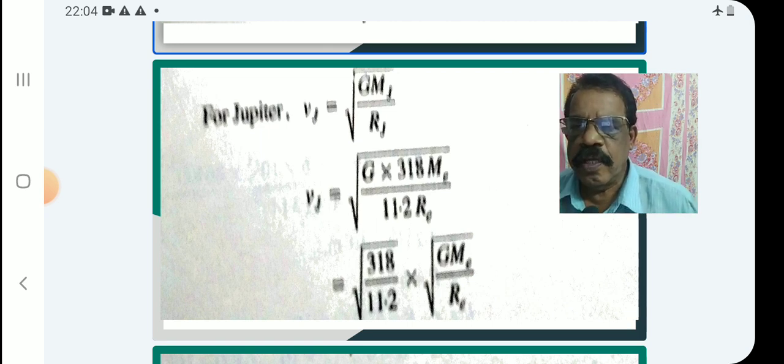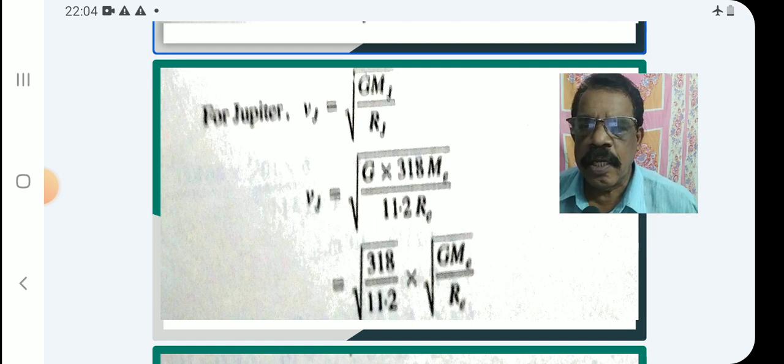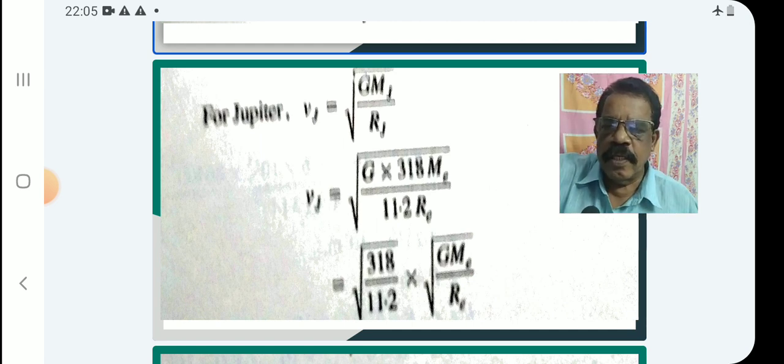That is, Vj is root of 2G into 318 ME by 11.2 RE inside the root. And 318 by 11.2 we write in a separate root, and in another root sign we write 2GME by RE, and that you know is the escape velocity of Earth.